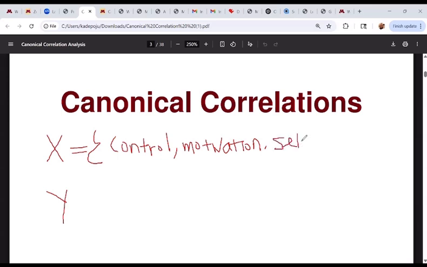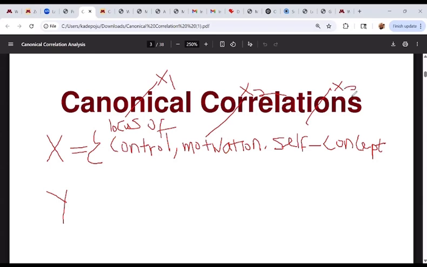I'm just assuming this example. So I have three variables in X: locus of control is X1, motivation is X2, and self concept is X3.